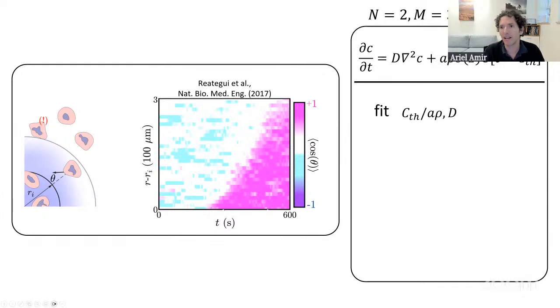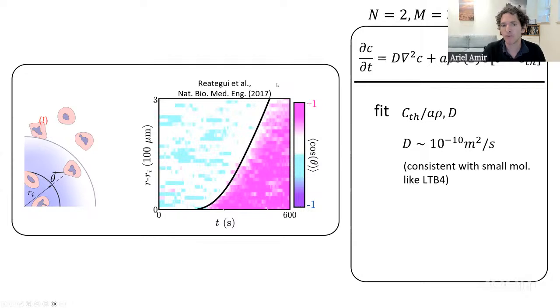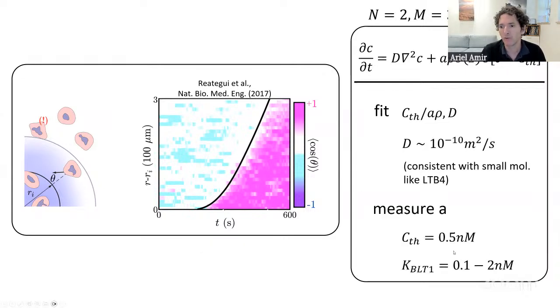And when we analyze the experiment, we understand that there's going to be a delay. This is the initiation until you trigger the waves, the cells outside the target, followed by ballistic propagation at constant velocity. And when we fit the experimental parameters, we get a diffusion constant very consistent with a molecule like LTB4, and we get a threshold very consistent with the properties of the LTB4 receptor.